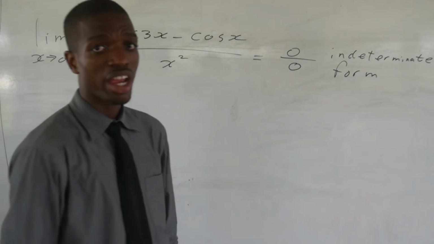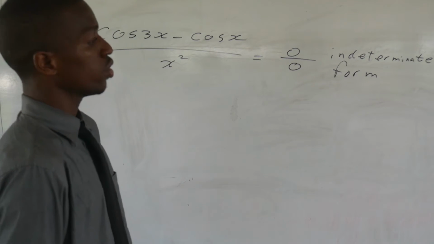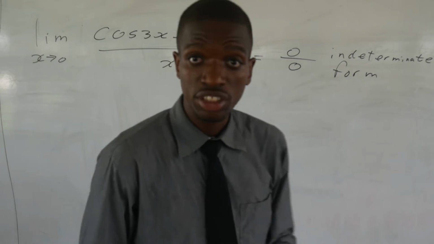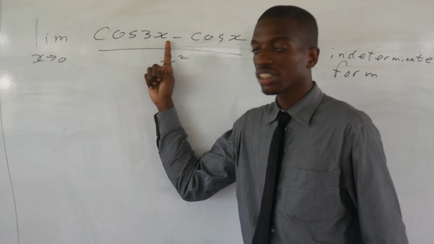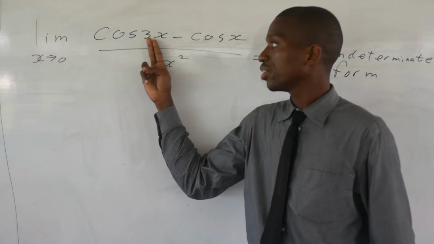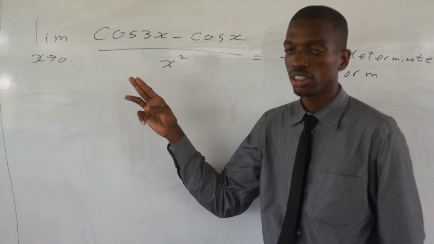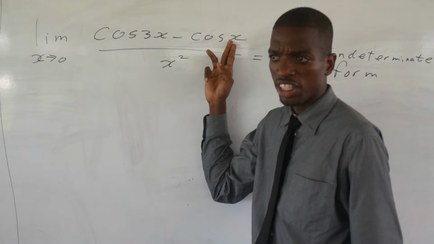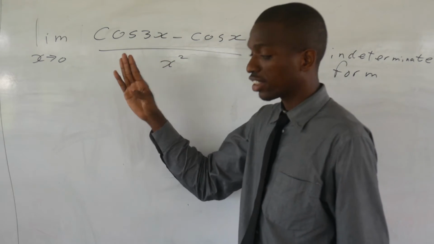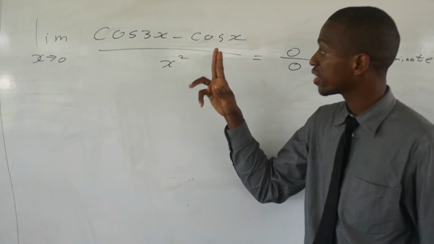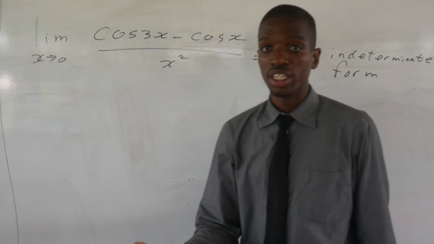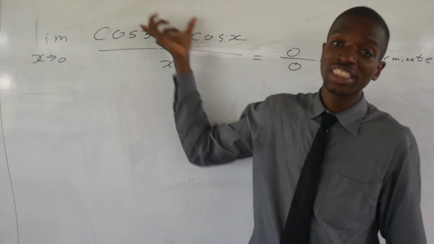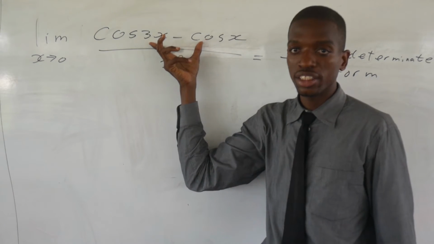Now, as a tip, every time with this course you see something looking like this and you want to find a limit, you see that the limit is 0, doesn't matter what the cosine is. 0 times anything will still be 0. So you always have cos 0 minus cos 0, even if this was 7x or 8x, etc. Cos 0 is 1, so you always have 1 minus 1. So there's no way to remove the 1 minus 1 unless you completely remove this identity and bring in a next identity.